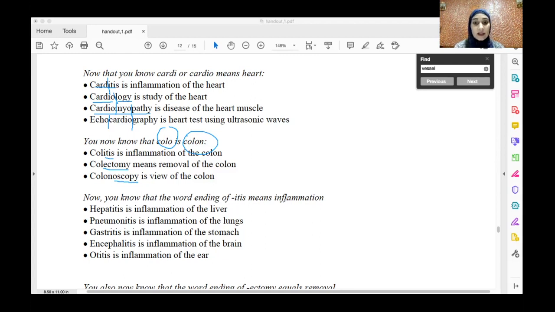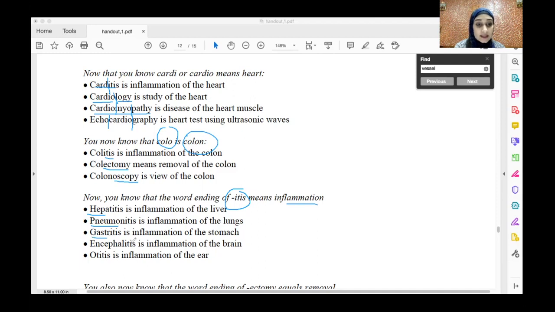All right, again, in these medical terms, we will find the root itis. And we said that itis means inflammation. So when I say, for example, hepatitis, this means the inflammation of the liver. Pneumonitis means the inflammation of the lungs.